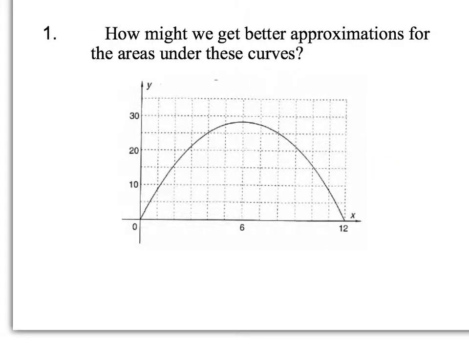Now a question that's not posed on the exploration sheet, but one that I would like to ask is, how might we get a better approximation for the areas under these curves? If you think about it, counting the squares, these are pretty large squares, and we weren't real accurate with that, but we might be a little more accurate if our squares were smaller.